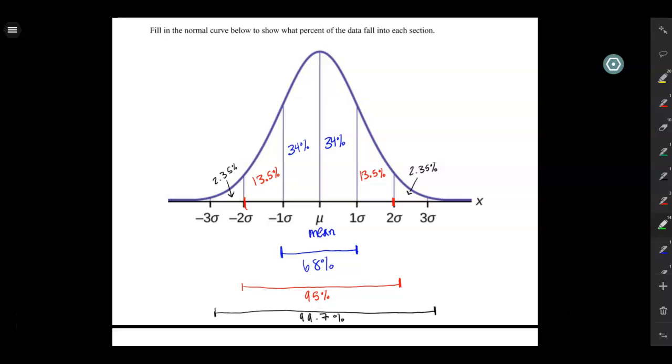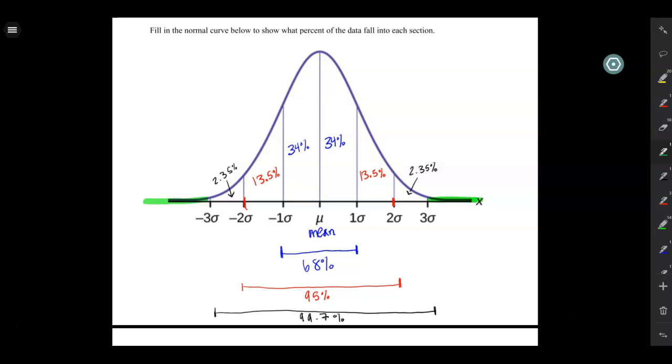So as we talked about, 99.7% of my data is falling within this 3 standard deviation range, which means that almost all of my data is represented already in the numbers that I put on the graph. But there's still a small portion that happens over here in the tails of the graph.